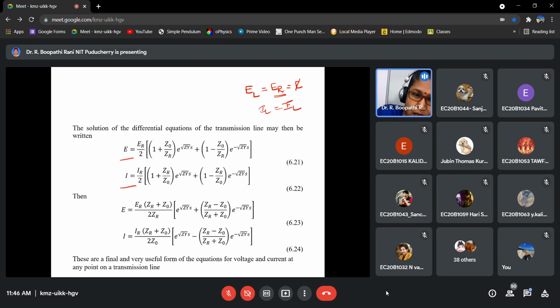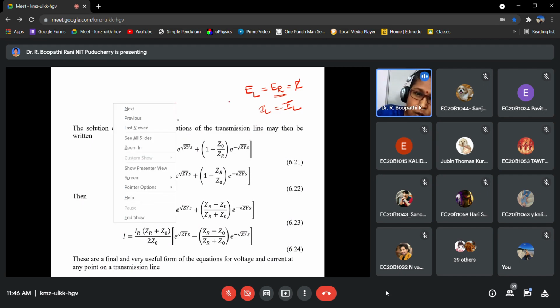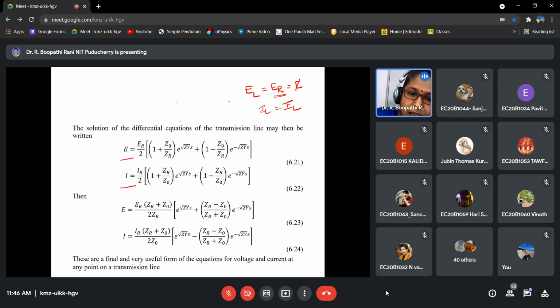So if we know the load voltage or receiving end voltage and receiving end current, and the distance from the receiving end to the point where we want to find the voltage and current, using these expressions, we will be able to get the voltage and current values.